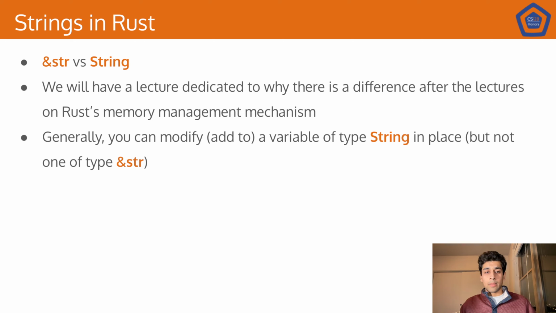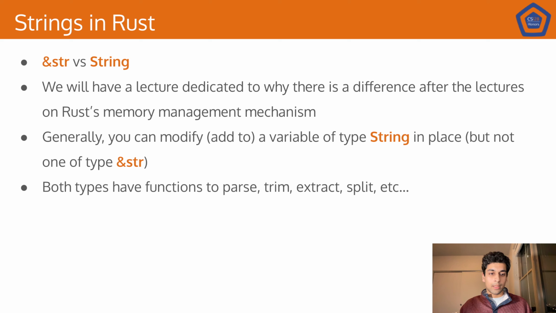Generally, you can modify or add to a variable of type String in place, so you can just mutate that variable directly, but you cannot when it is of type &str. If it's an &str, you'll have to create a new variable and make that modification to the new variable.